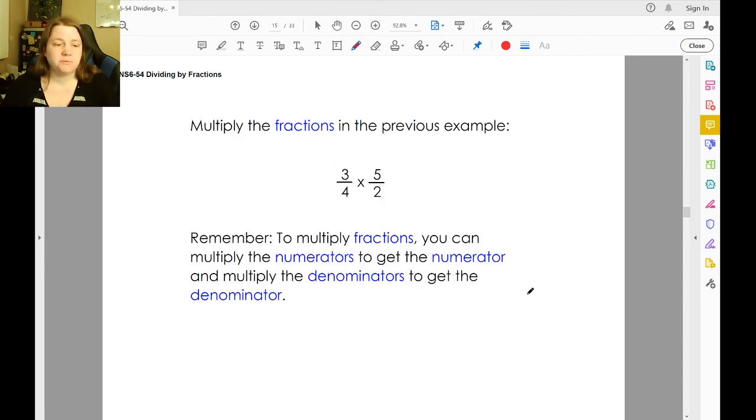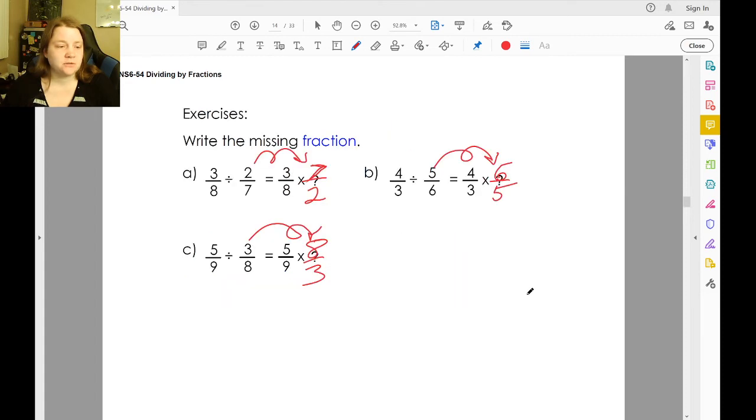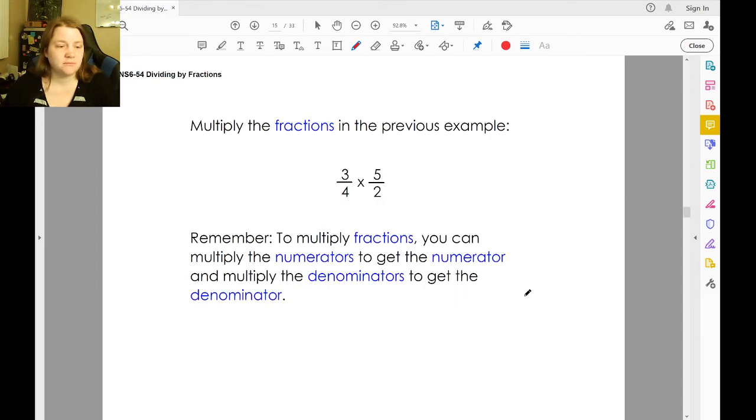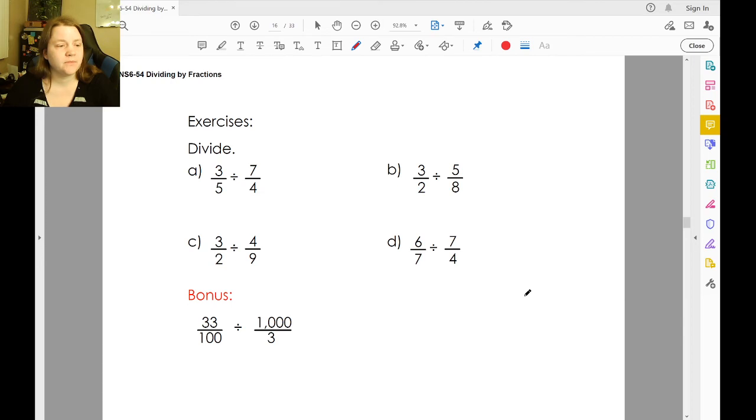So they want you to multiply these fractions. I'm pretty sure we did not do that one yet. Yes, we did. We're good. So now they want you to divide. So you're going to go ahead here and you're going to divide and you're going to actually get the answer. So remember to multiply the reciprocal first. And then let's go ahead and get the full answer.